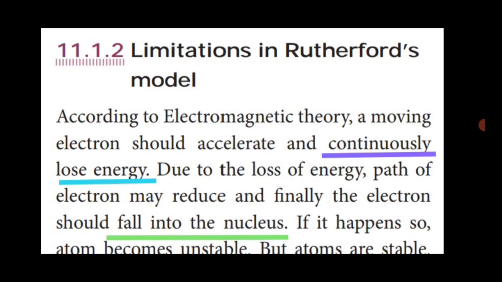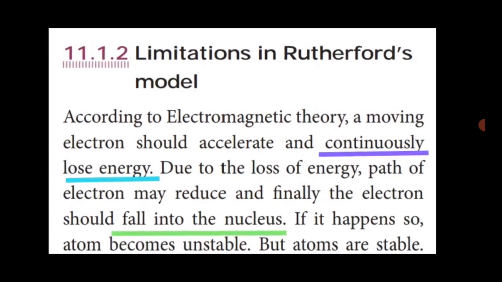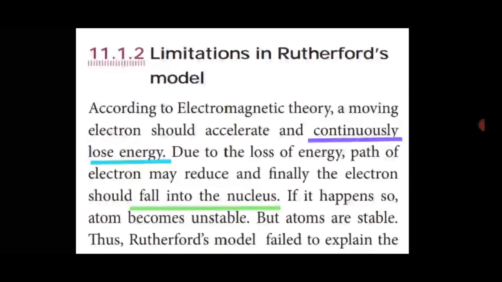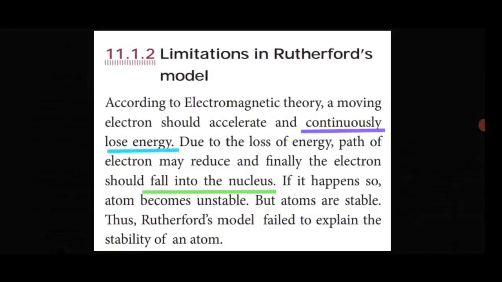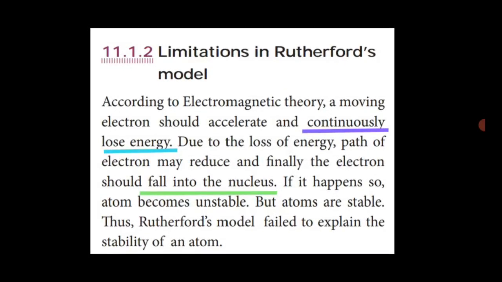Due to loss of energy, the path of the electrons may reduce and finally the electron should fall into the nucleus. If this happens, the atom becomes unstable. But atoms are stable. The Rutherford model failed to explain the stability of the atom. This is one of the main limitations of the Rutherford atomic model.